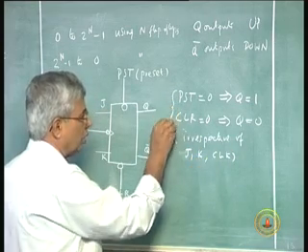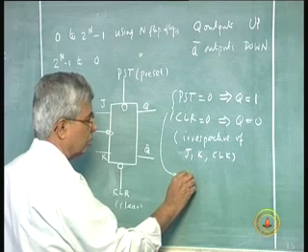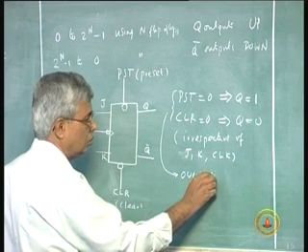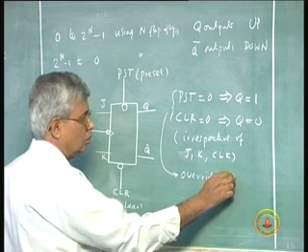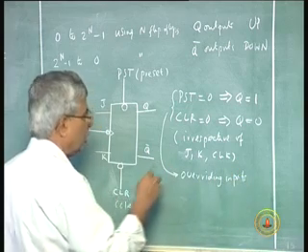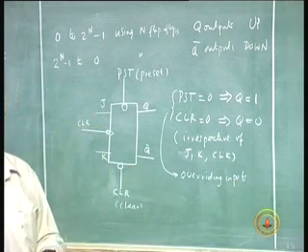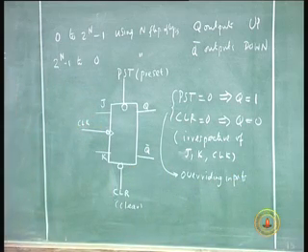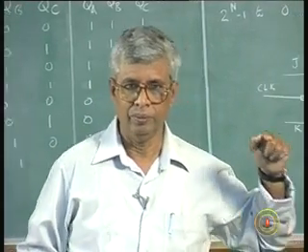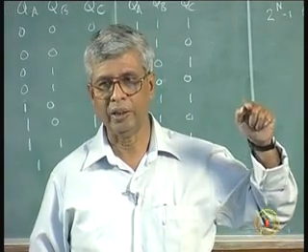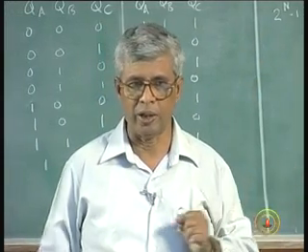So, these two inputs are called, as I said, overriding inputs. So, you need extra logic, a little bit of extra logic, where you have to make sure that this has an overriding property of making the output 1 or 0, as the case may be.